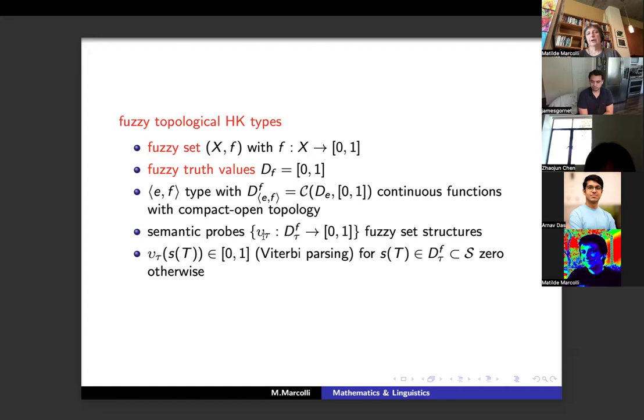So a semantic probe is a choice of a bunch of such continuous functions. And now the parsing is not happening anymore in the Boolean semiring of just 0 and 1. Now it's happening in the Viterbi semiring, which is just the interval 0, 1 with the maximum and the product as a semiring structure.